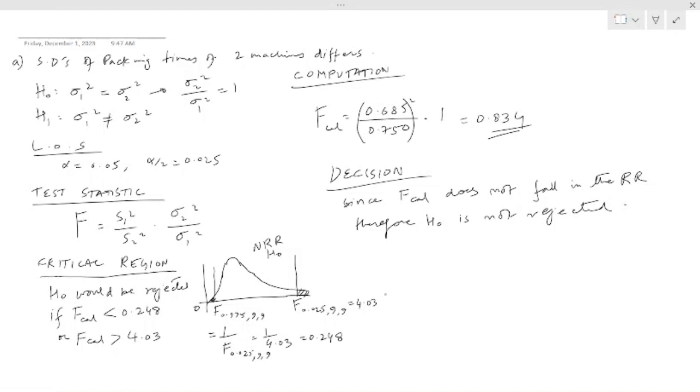And we write down the conclusion, and you know the words for the conclusion. The test results are not statistically significant at the 0.05 significance level, and data do not provide sufficient evidence to conclude that the standard deviations of packing times of two machines differ.